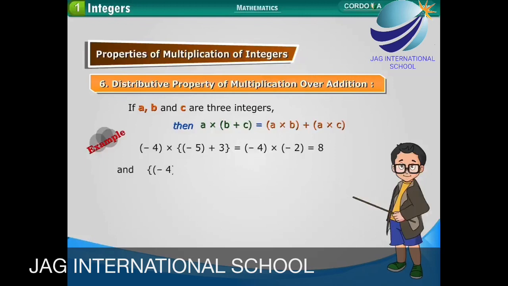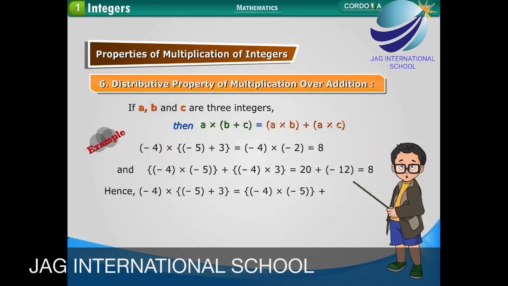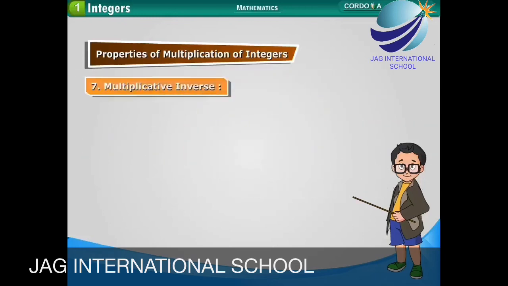And negative 4 into negative 5 plus negative 4 into 3 is equal to 20 plus negative 12, which is equal to 8. Hence, negative 4 into (negative 5 plus 3) is equal to negative 4 into negative 5 plus negative 4 into 3.